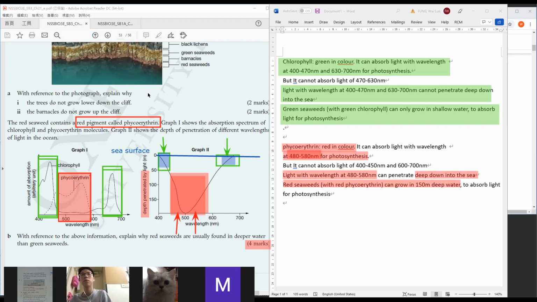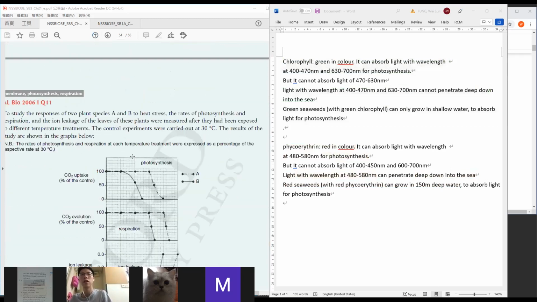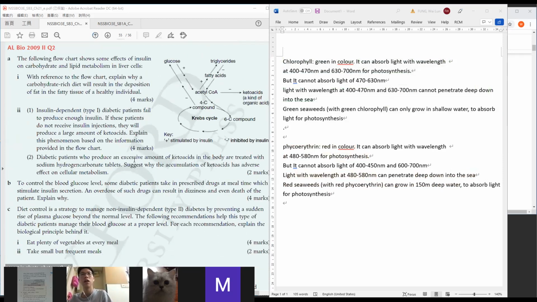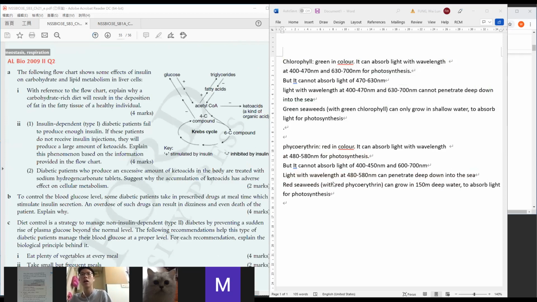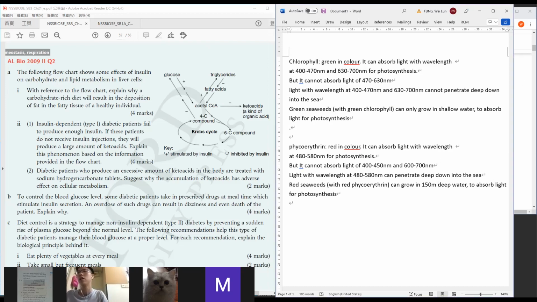I will go, let's move. Okay, so the next part, with reference to the flow chart. This flow chart is complicated, I can say.